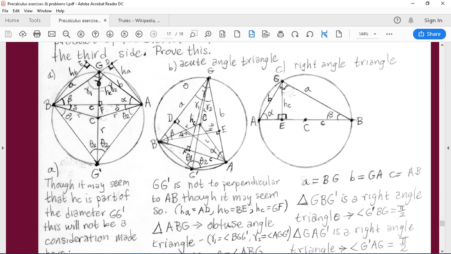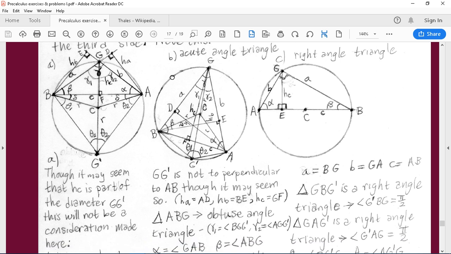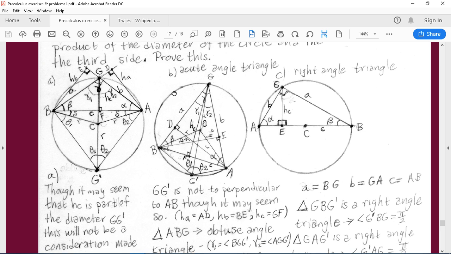Now we can go to the case of the obtuse angle triangle. Now the obtuse angle triangle is simply triangle BGA. This is not a very general diagram.